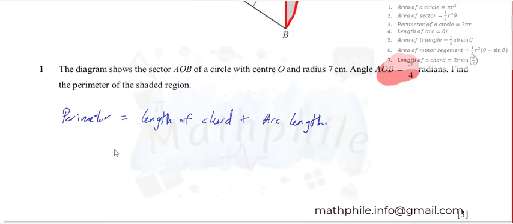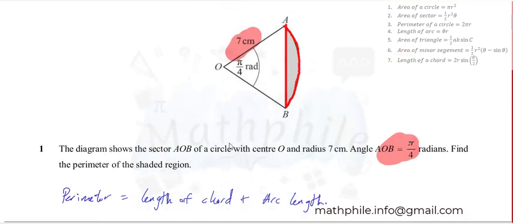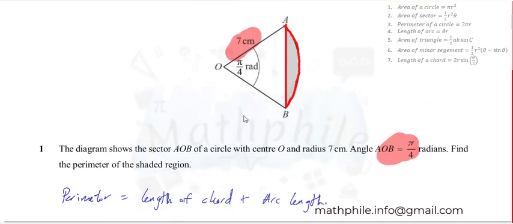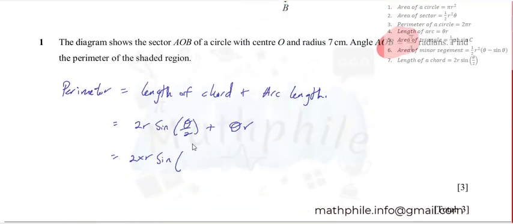The length of a chord is given by 2r sine theta over 2, and arc length is r theta or theta r. Since we know what r is and we know what theta is, we can easily solve the question. So this gives you 2 times 7, 2r sine, our angle given was pi on 4, so pi on 4 divided by 2 will be pi on 8, plus pi on 4 multiplied by 7.